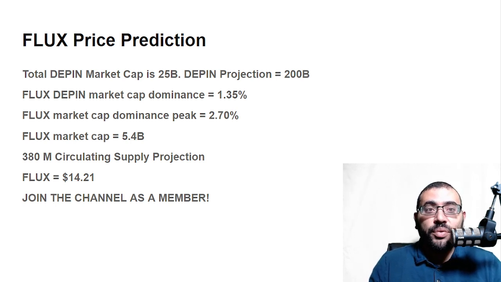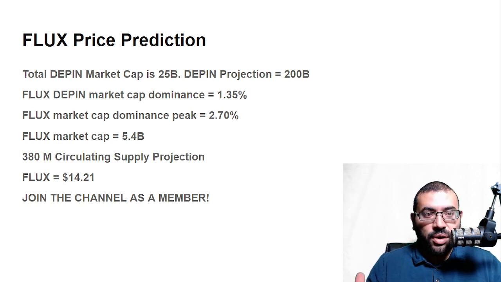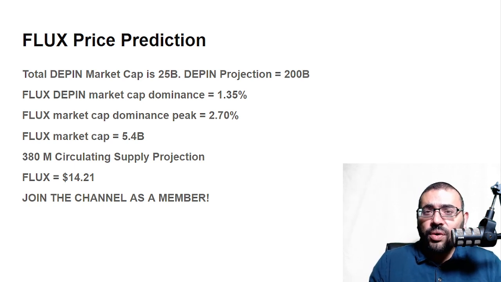So $5.4 billion divided by a 380 million circulating supply projection gives us a $14.21 Flux. That's about a 14x from today's prices. So like I said, you may say that my price targets are too conservative, but I would say that this is a very bullish price target, especially given where we are in the market, with Bitcoin very close to having crossed its all-time high, which is imminent. So that's where I land with Flux.